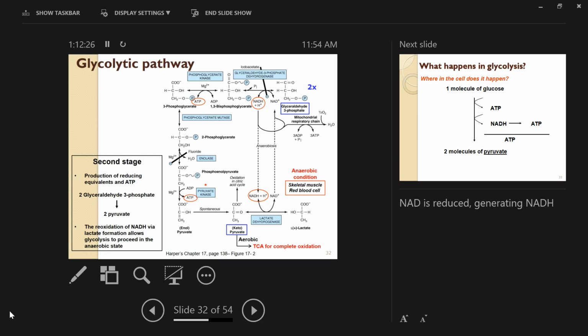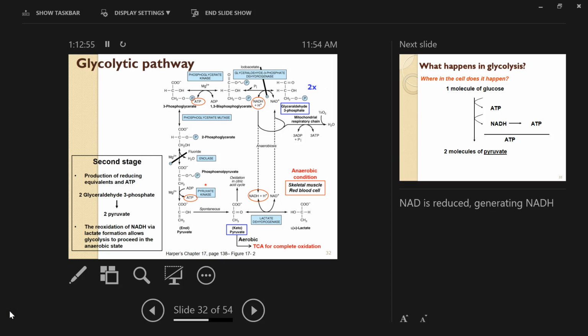Why 0? Yes. Under anaerobic condition, because this reaction is very active, pyruvate is converted to lactate, and this conversion requires NADH. So the NADH generated from this reaction can be used for generation of lactate.